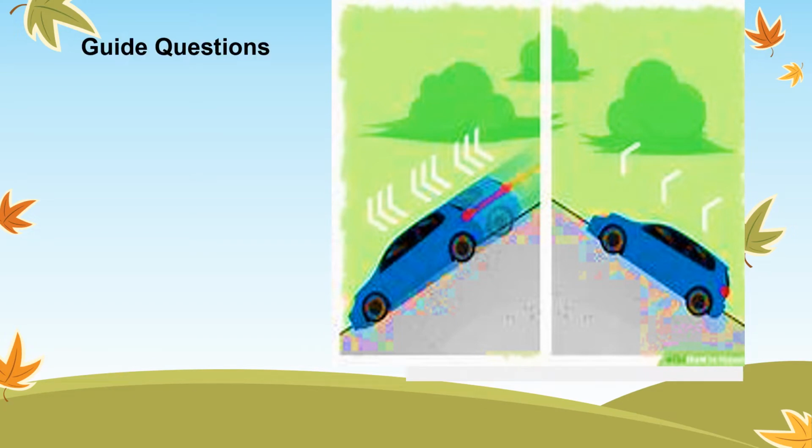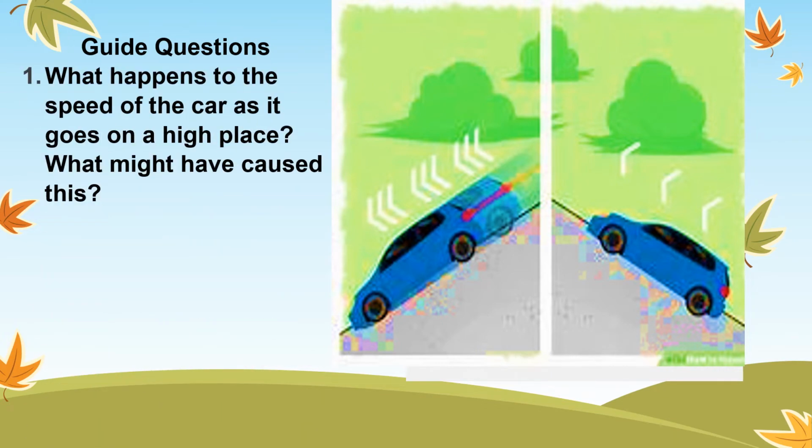Guide questions. You can write the answers in your notebook or you can comment down, okay? 1. What happens to the speed of the car as it goes to a high place? What might have caused this? This is for picture number 2.